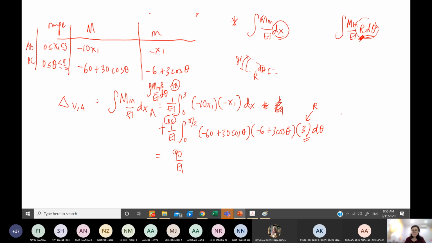Change to radian. Maybe I need to put a reminder here. Change to radian in your calculator. Then you can input these equations directly in the integration function.